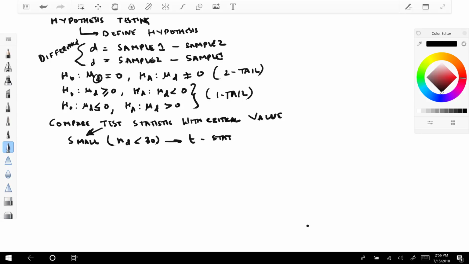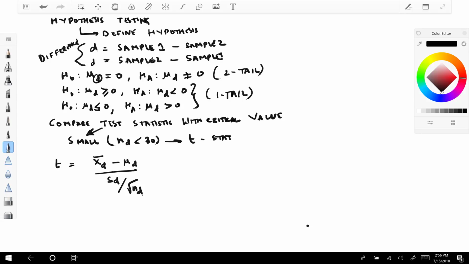The formula for the t-stat will be xd bar minus mu d, divided by sd over square root of nd.